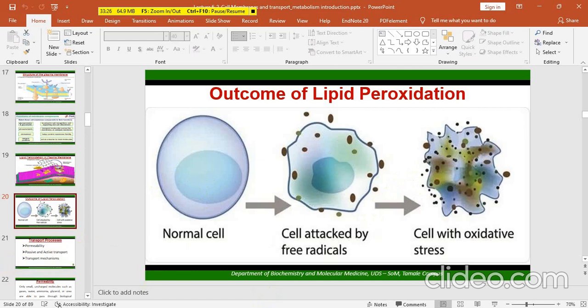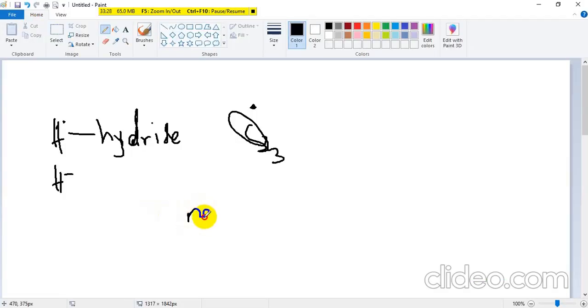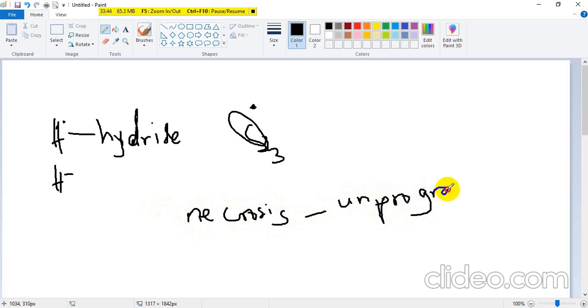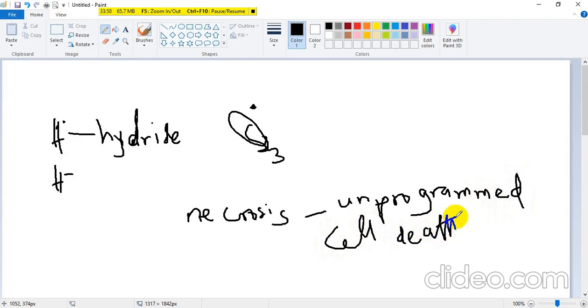Another name for necrosis is unprogrammed cell death, or unnatural cell death. The cell will die prematurely, and it's not natural cell death.